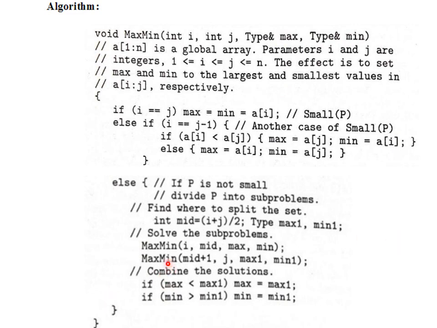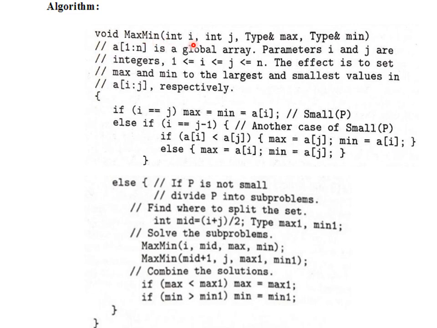In the second call of maximum, minimum, the lower value is mid plus 1. In our case, 5 and 8, with maximum 1 and minimum 1. In the first case, we pass the original list's lower and upper index values with maximum and minimum.